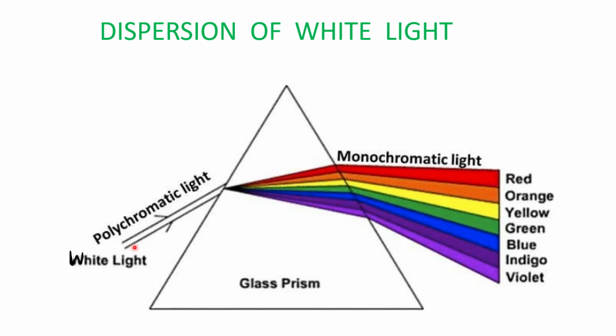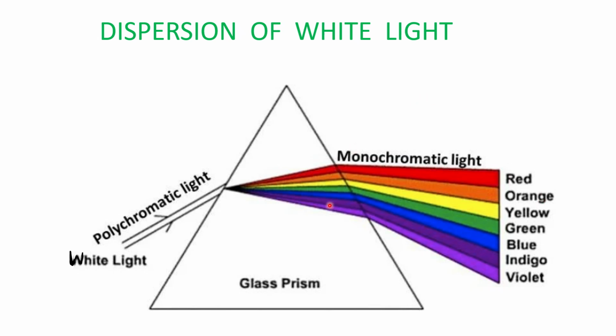When white light falls on the first surface of the prism, what happens is dispersion. But at the second surface, what happens is not dispersion, it's deviation. The rays of light deviate because they are going from a denser to a rarer medium. So if white light is passed through a prism, it splits into 7 different colors.